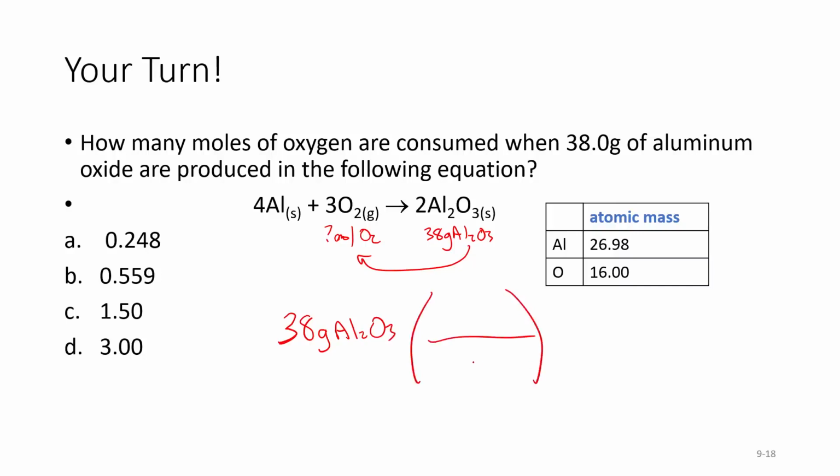We have to get to moles first, so grams of Al2O3 to moles. And then from moles, we can finally get to moles of the new substance.